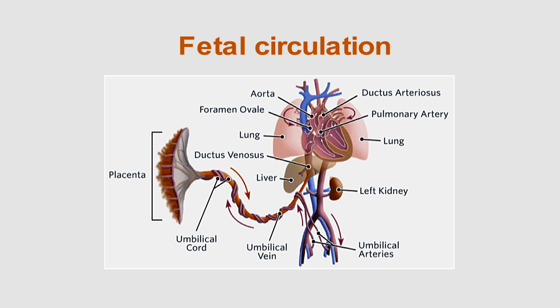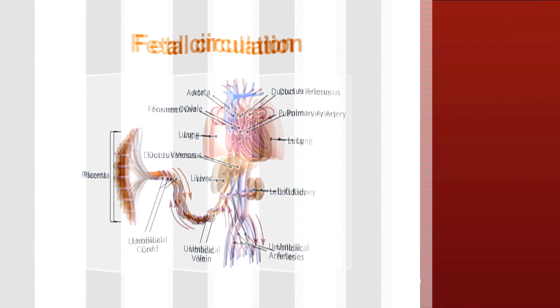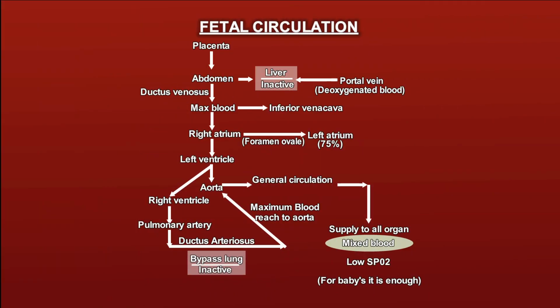Blood from all over the body returns to the heart through both the superior and the inferior vena cava. The superior and inferior vena cava open into the right atrium of the heart. During fetal life, there is an opening between the right and left atria called the foramen ovale. Oxygen-rich blood passes through this second shunt into the left atrium and then into the left ventricle.